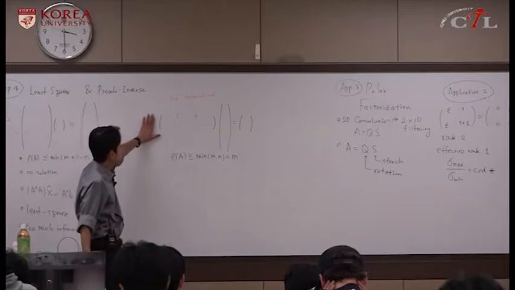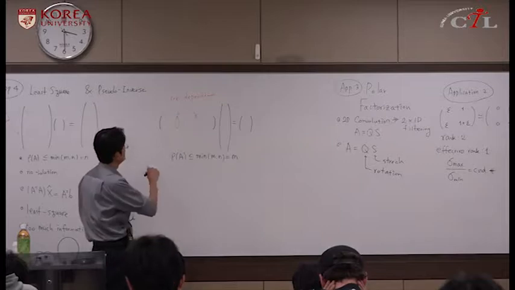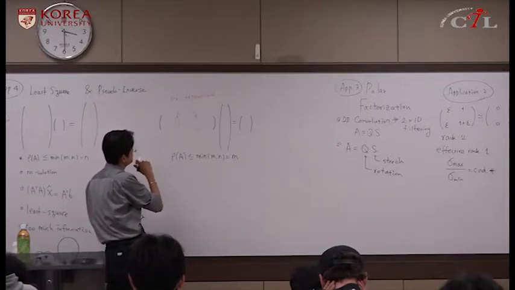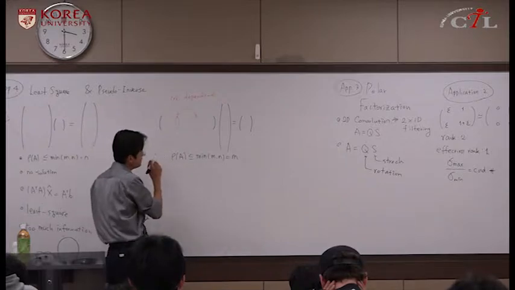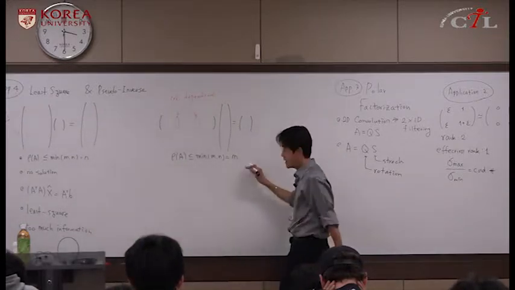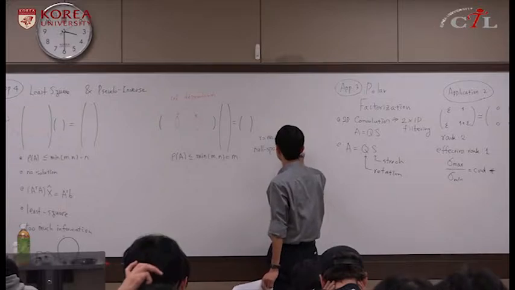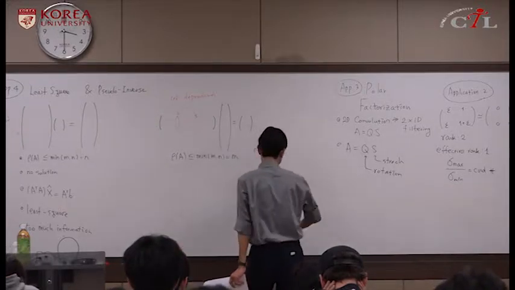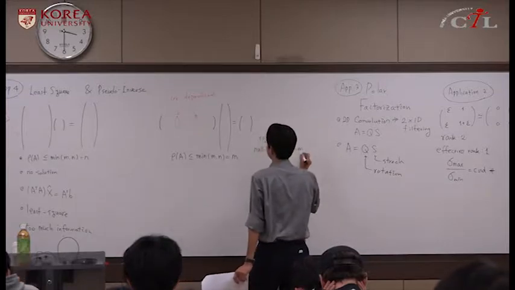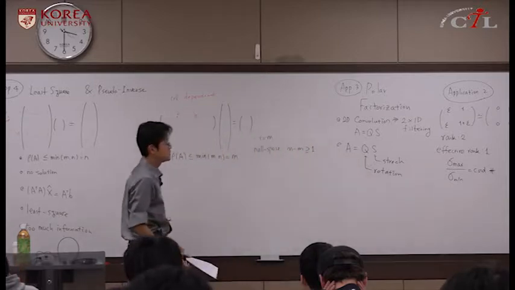The other case is this kind of thing. Then if the rank is M, its maximum rank is M, and the null space dimension is N minus M. Because N is large, it should be at least 1.